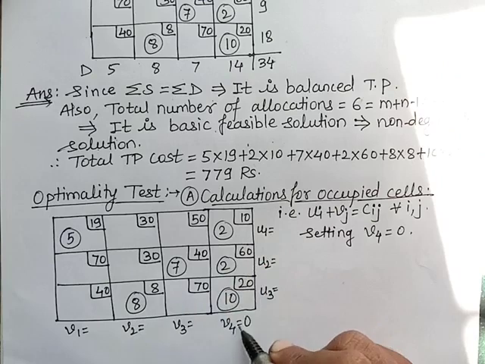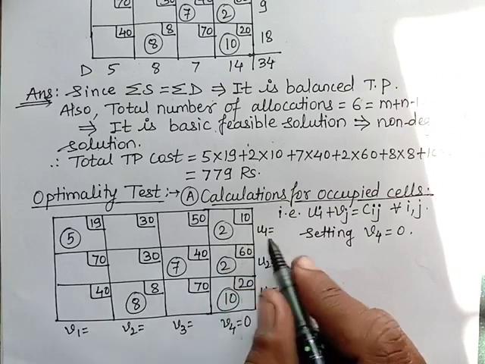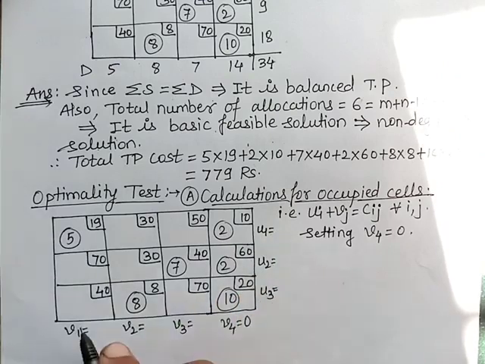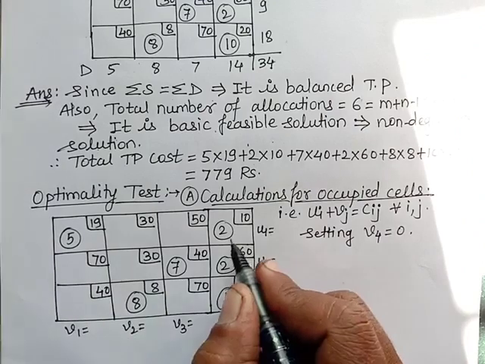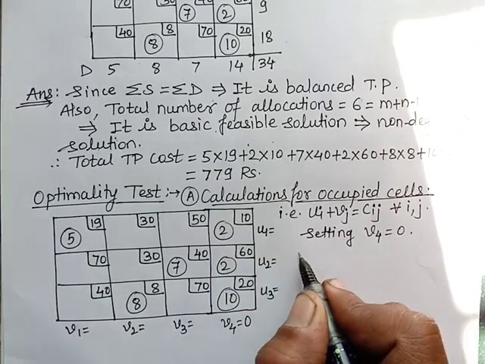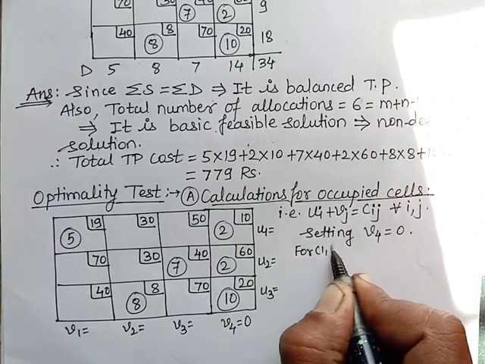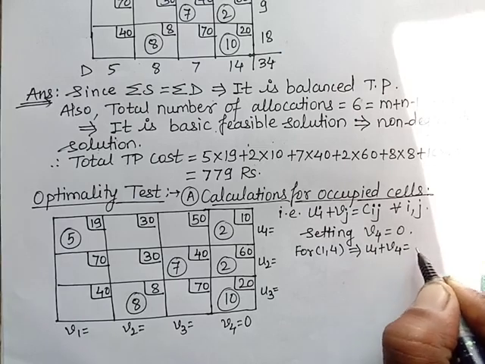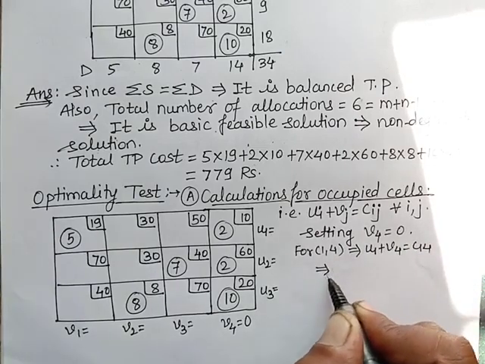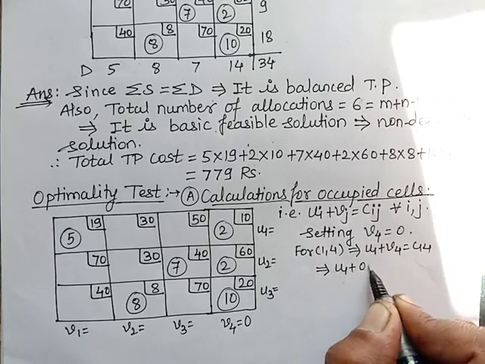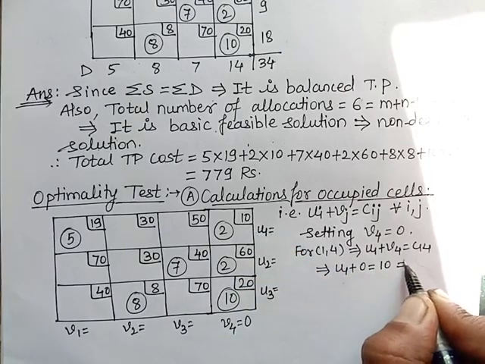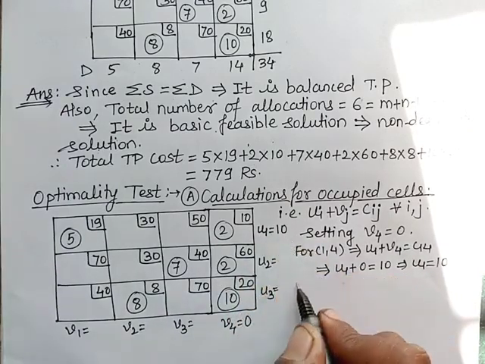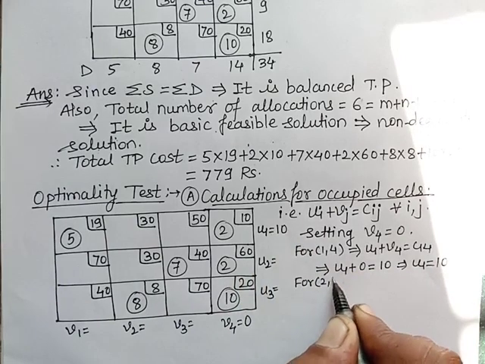Therefore while v4 is set to 0, first determine the corresponding ui's for v4 so that it is very easy to determine the others. For cell 1,4 we write u1 plus v4 is equal to c14. u1 is unknown but v4 is 0 and c14 is 10, so u1 is 10.